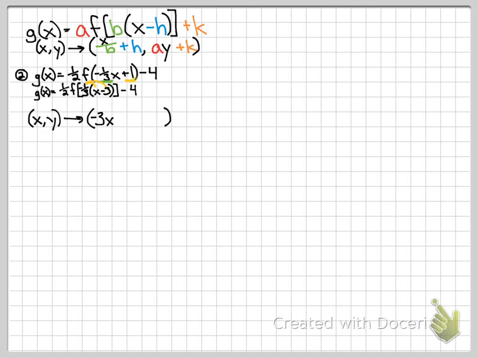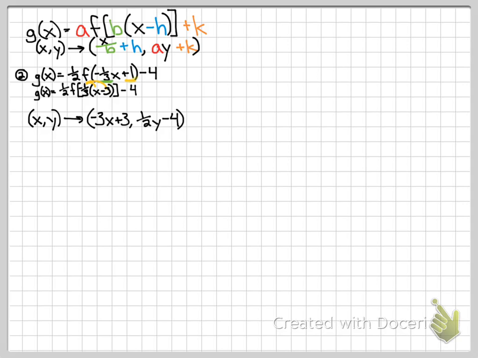Also in the parentheses right now is a -3, so we would do the opposite, +3, comma. Then for the y values, 1/2 y -4, just like the equation says. So again, you can practice doing the algebra, taking x, multiplying it by -3, and adding 3 later.